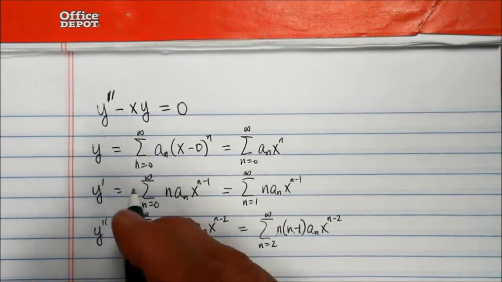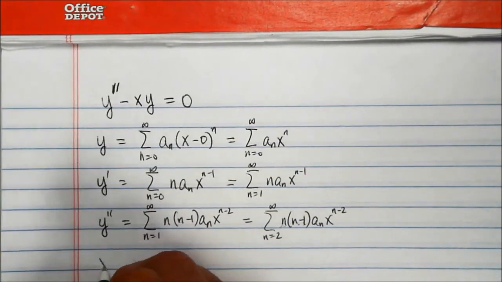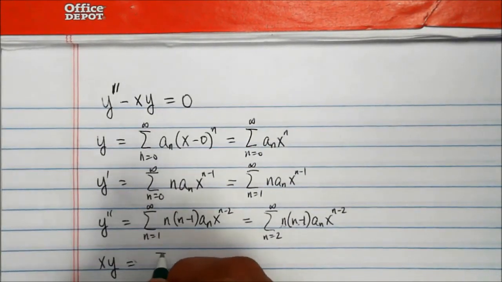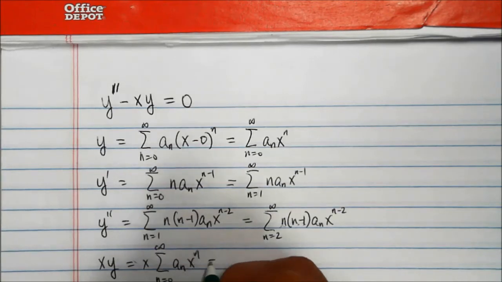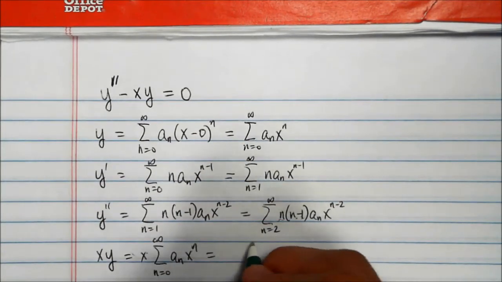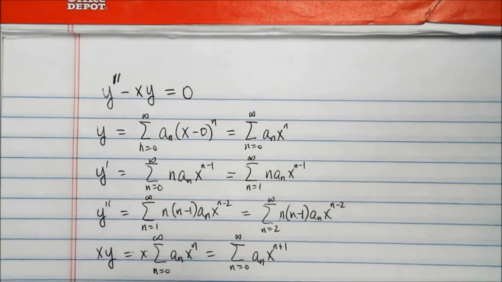Okay, the other thing that I need is the x times y. So if y is given here, then x times y will be equal to summation n equals 0 to infinity a sub n times x to the n times an extra x, and so that'll be equal to summation n equals 0 to infinity a sub n x to the n plus 1.